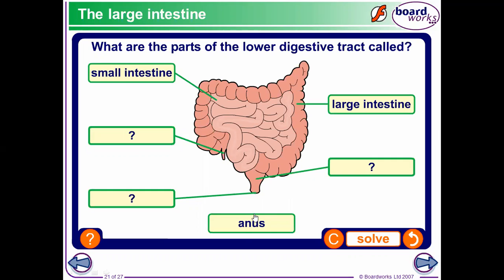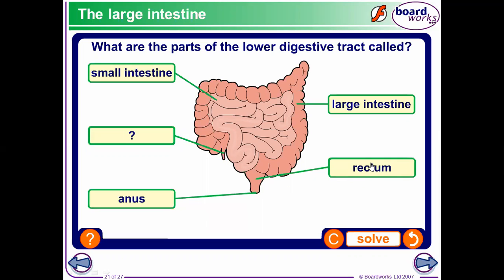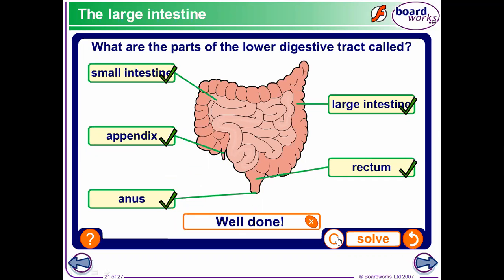Yes. Anus? Down, 5. Rectum? 4. And the extra label here is the appendix, which is not present this year, so it is not necessary to know it this year. Yes, well done.